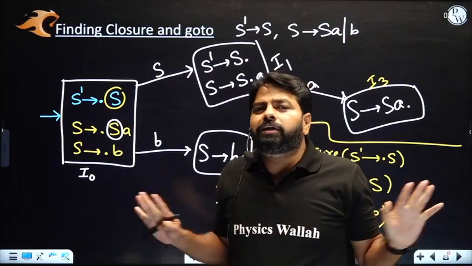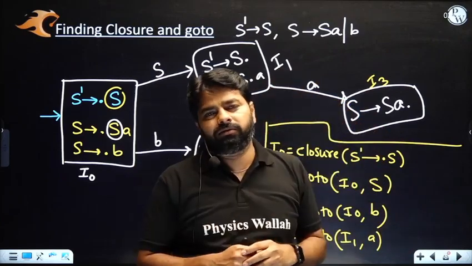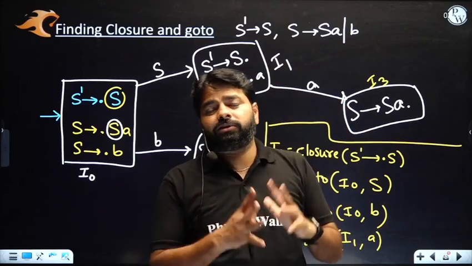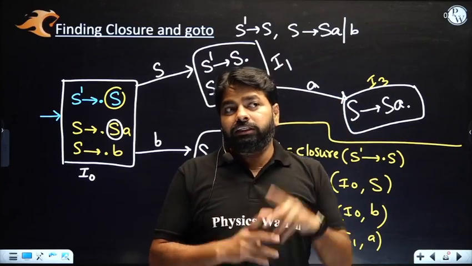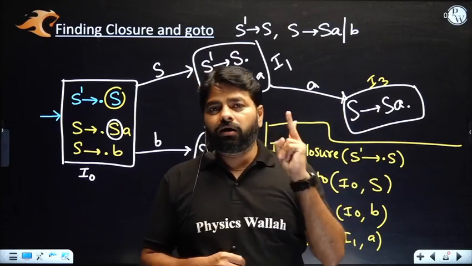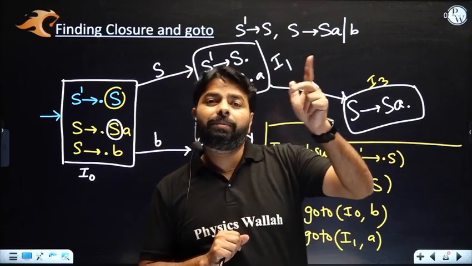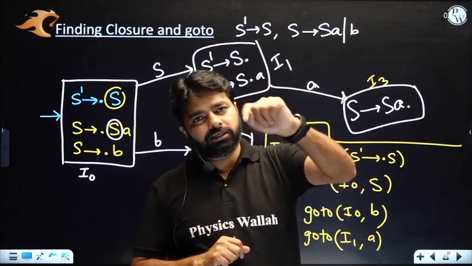So without a reduced item, you don't get a conflict. Suppose you have two shift items, no conflict. Shift and reduced, yes, SR conflict. Reduced and reduced, RR conflict. That means a reduced item should be there, and the other one may be shift or reduced. This is how you should look at it.